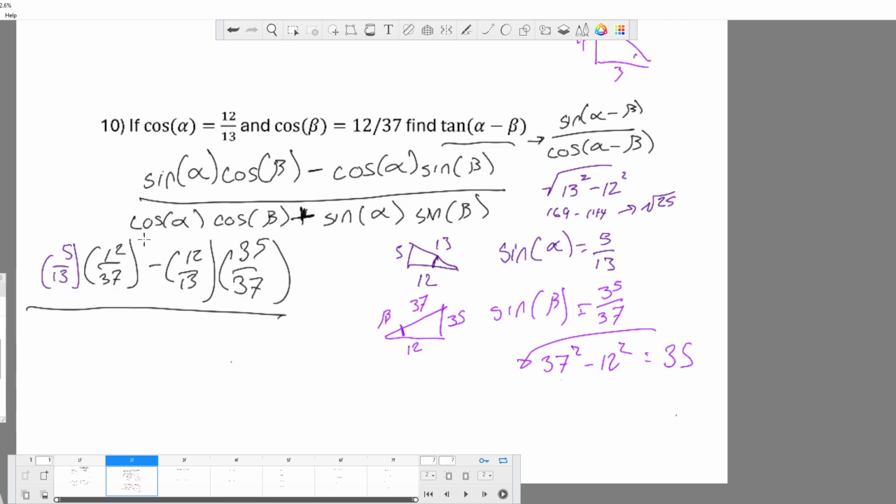Then on the bottom, cosine of alpha, which was a given, times cosine of beta, which is the other given, plus sine of alpha times sine of beta.